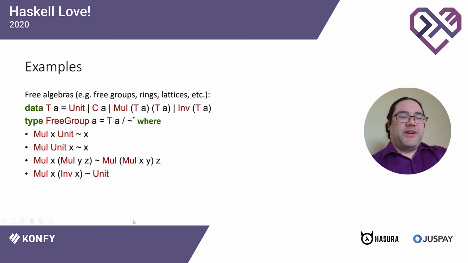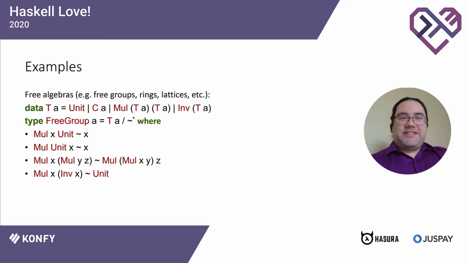Right now, if you wanted to do something like this in, for example, Haskell, you could definitely do this data type T, but then these expressions could be interpreted in many ways, and there's nothing enforcing that they should behave like a group.